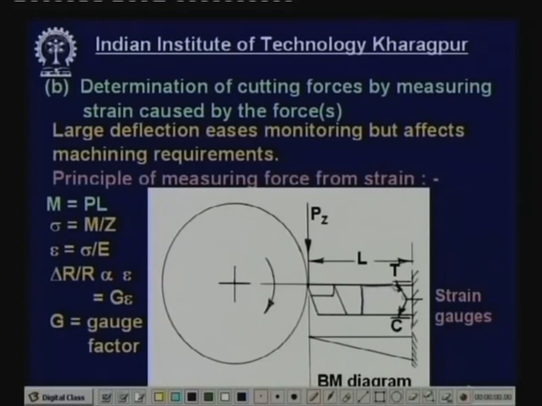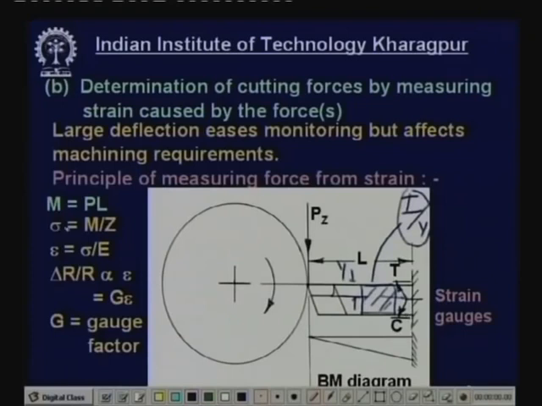Suppose this is the cross section, we take the plane moment of inertia, say I, divided by the height y, that is the distance of the surface under consideration from the neutral plane of the beam, I by y. This is called section modulus, which represents the cross section of the beam, which is fixed. Once made, it is fixed.